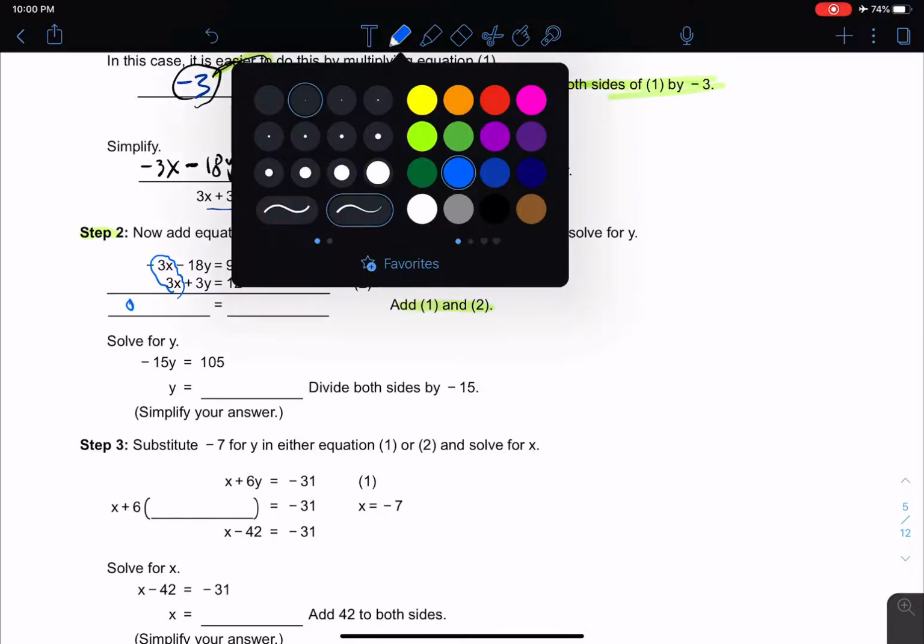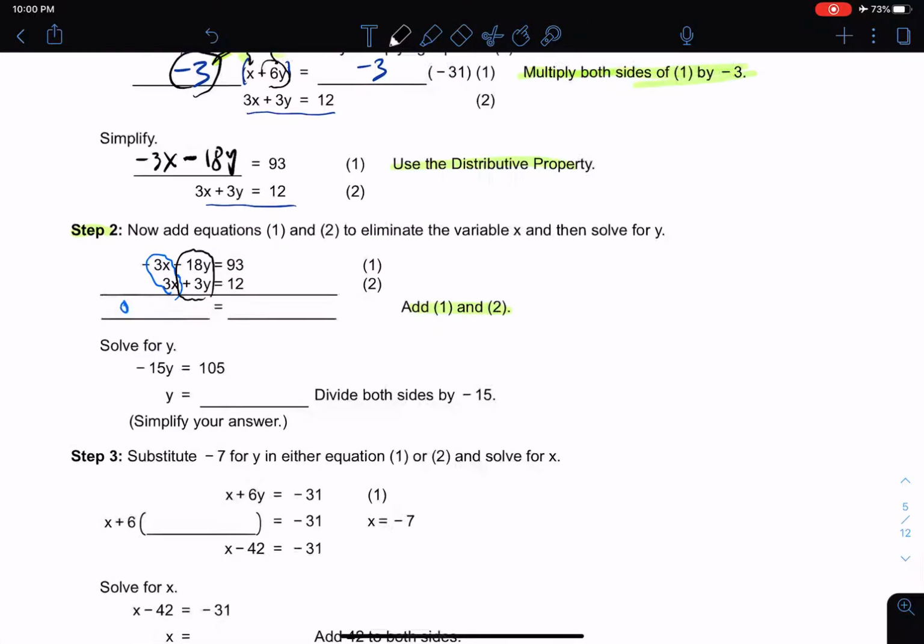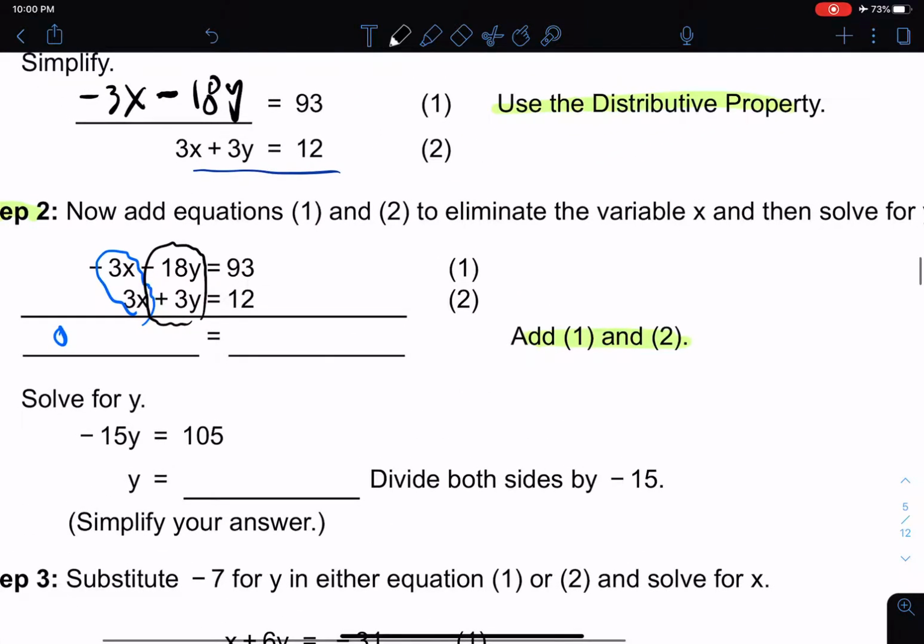We just eliminated x's, and now we got an equation with just y's. Now we got -18y, that's right here, -18y plus +3y. That's going to give me, let me zoom in, that's going to give me -15y. And on the right-hand side of the equation, I've got 93 plus 12, which gives me 105.